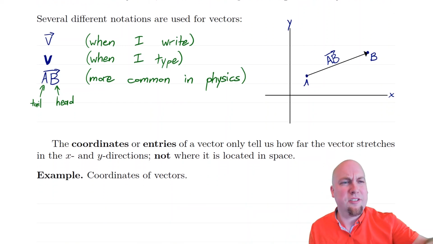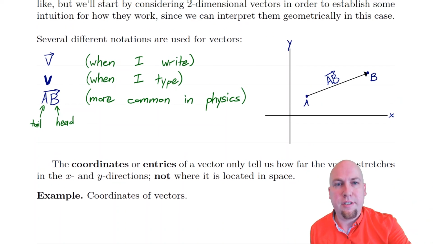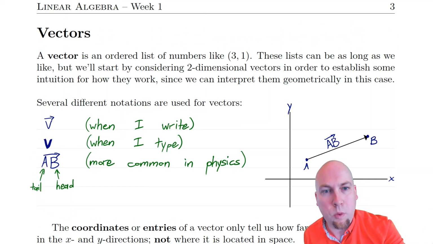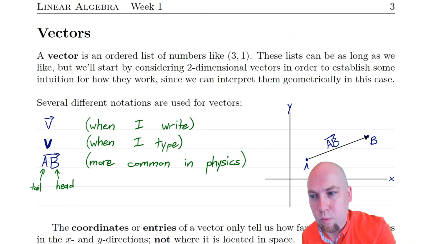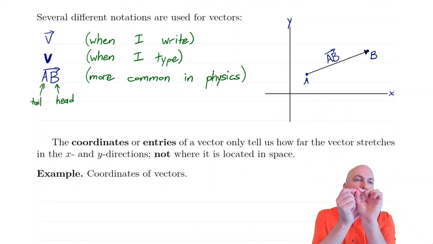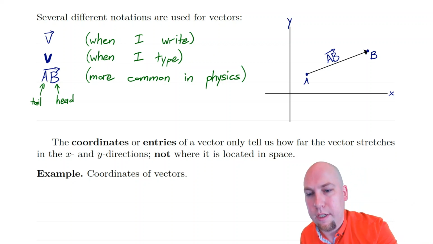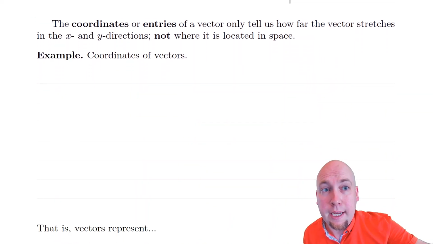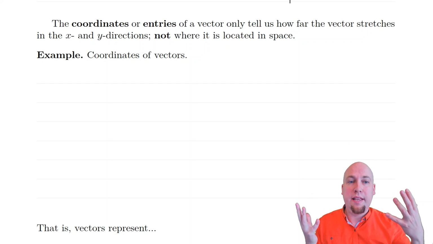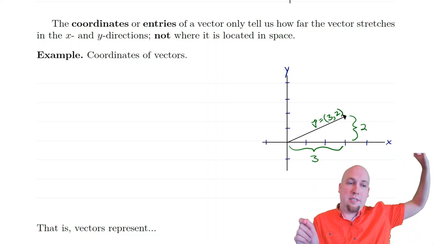So how does this geometric interpretation of vectors work? Well, the entries of a vector, for example the numbers 3, 1 up here, what those represent is how far the vector is moving or how far it points in each direction, so in the x direction and y direction. Importantly, they do not specify where that vector is located in space. We think of these lists of numbers as being represented geometrically via arrows in space.